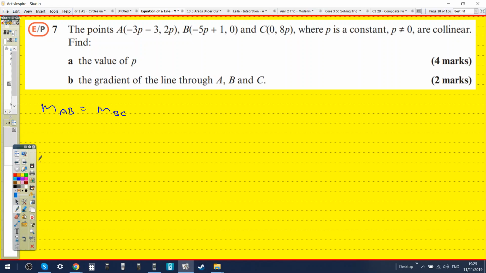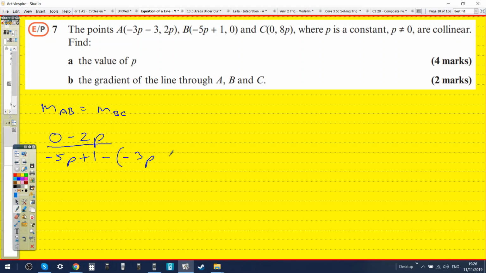Yep. So 0 minus 2p over minus 5p plus 1 minus 3p minus 3.